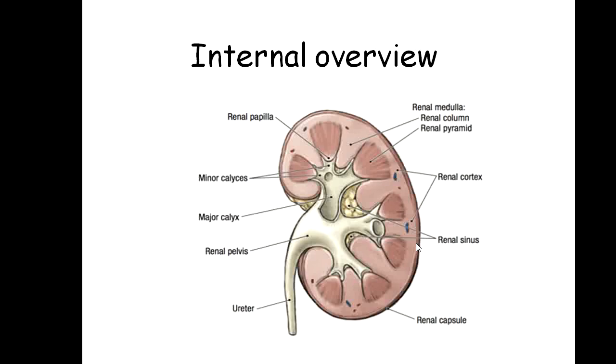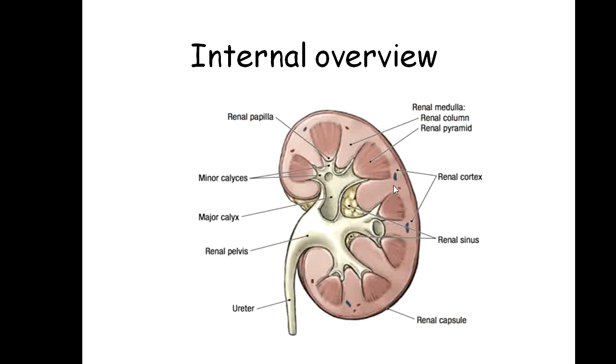But you should also learn that the renal cortex is not only from this portion to this portion. The renal cortex is also in between these structures. This is also the renal cortex.